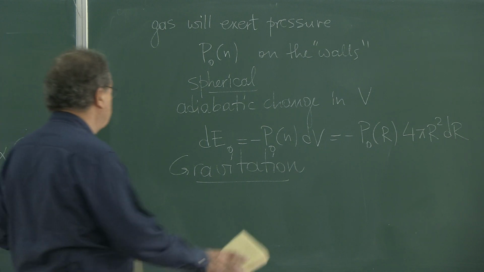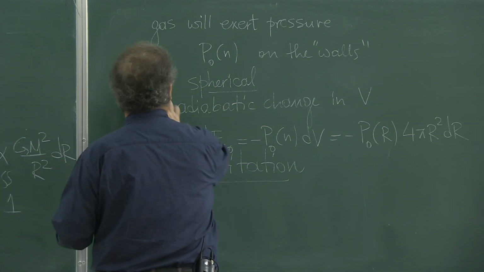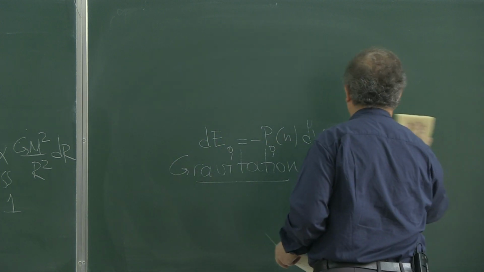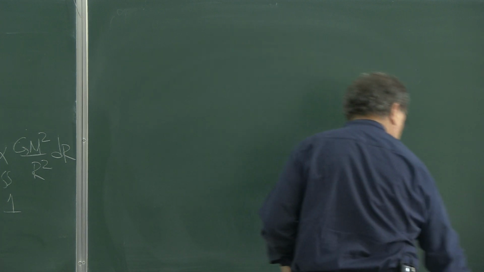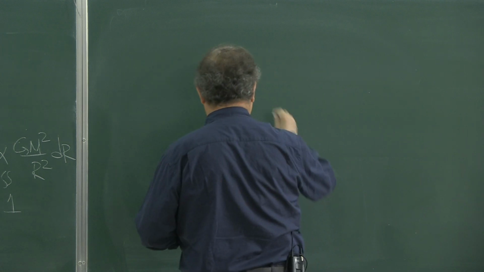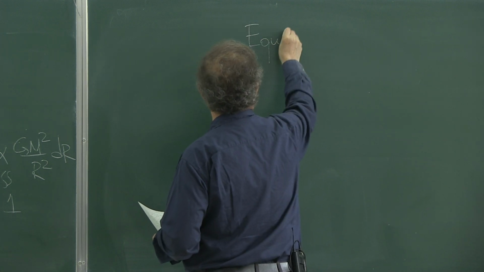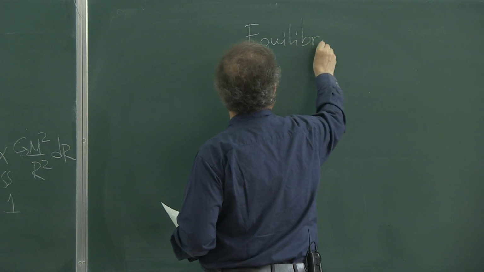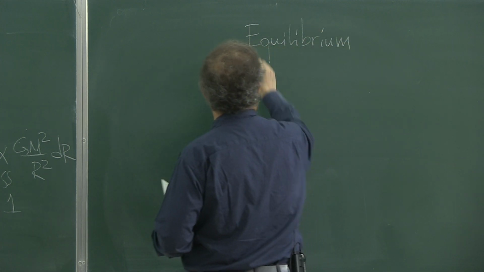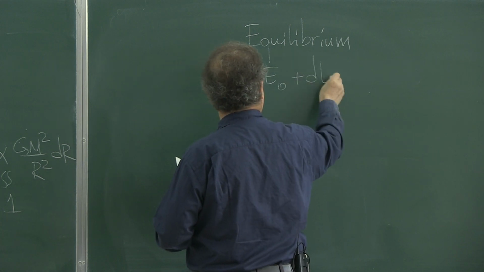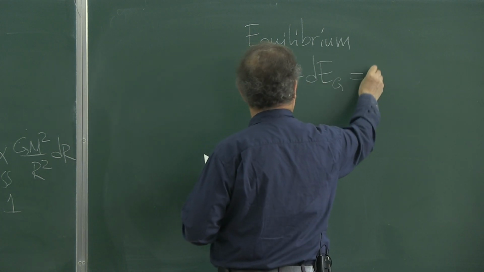We have finally reached it, but we are 5 minutes over. Let me stop at this point. So, equilibrium: dE0 plus dEg is 0.